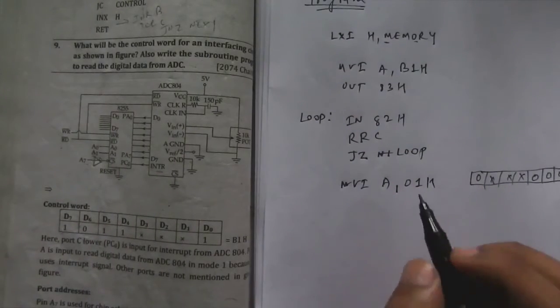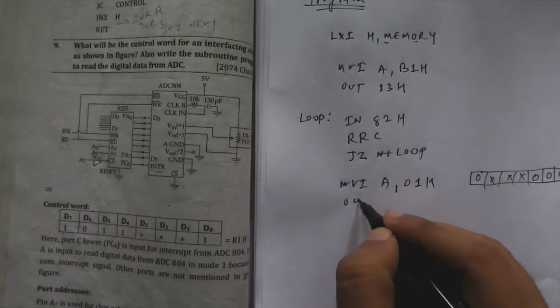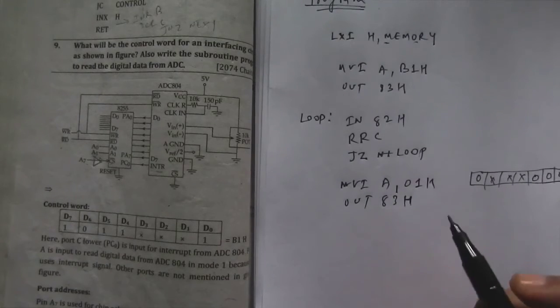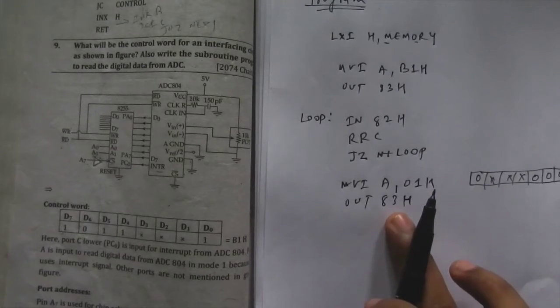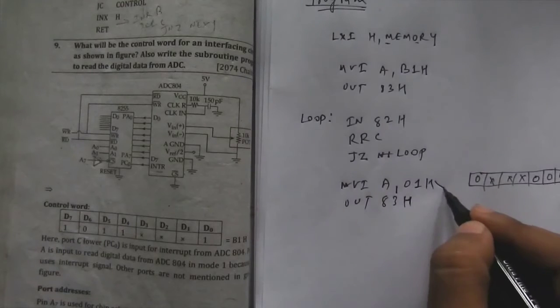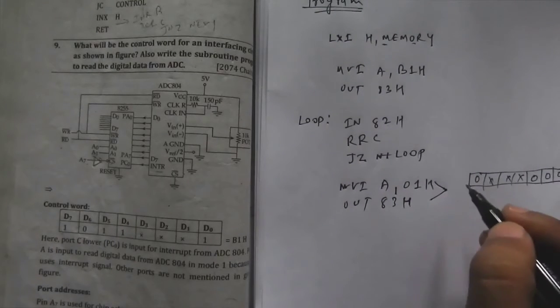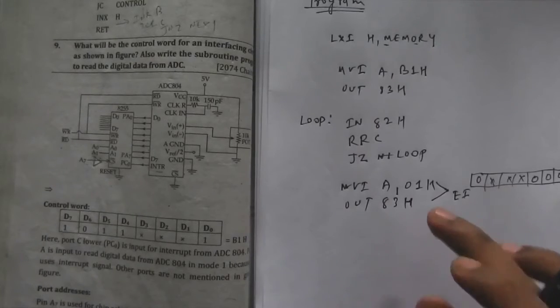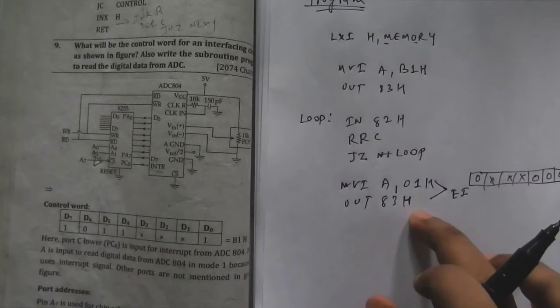Now MVI A 01H, and then we need to output from control register, so OUT 83H. So this is the one way, and the other way is to just write EI. Instead of writing these two, you can just write EI for enabling the interrupt. Now we have checked for interrupt, we have enabled interrupt.